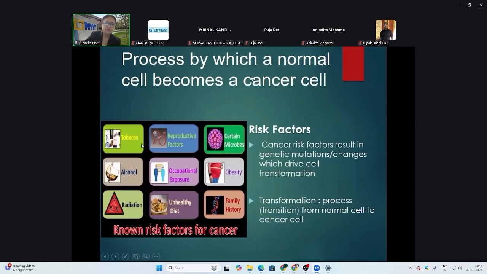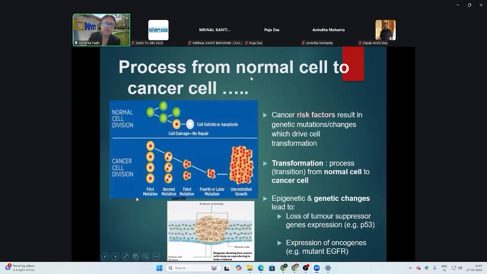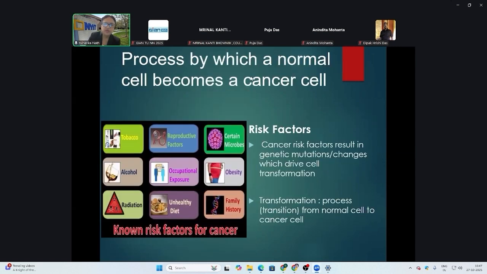So these can be tobacco, microbes, bacteria, obesity, family history, and all of these together. And some of these are alcohol, your occupational exposure, exposure to asbestos, etc., and a poor diet, okay, poor diet, obesity, etc. These are the ones that are known.